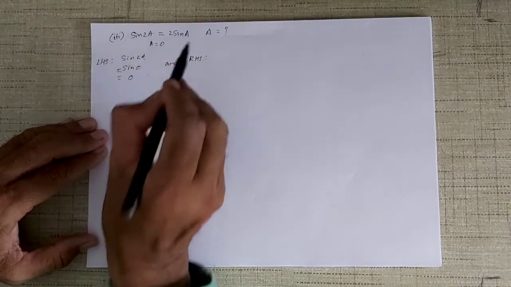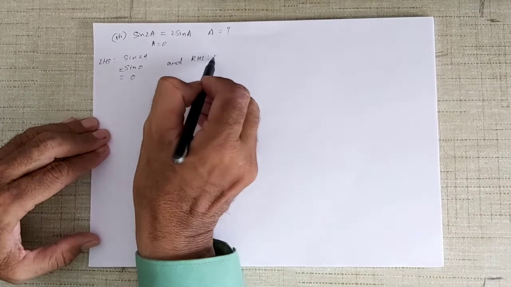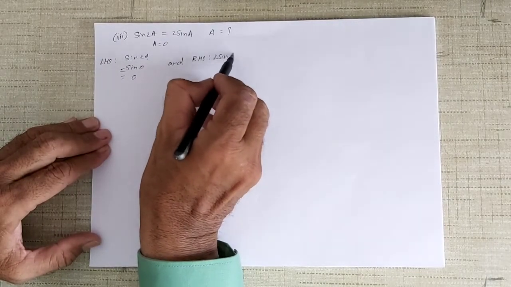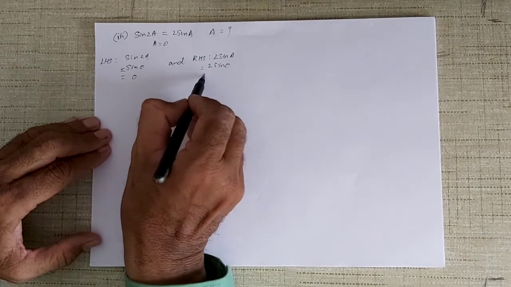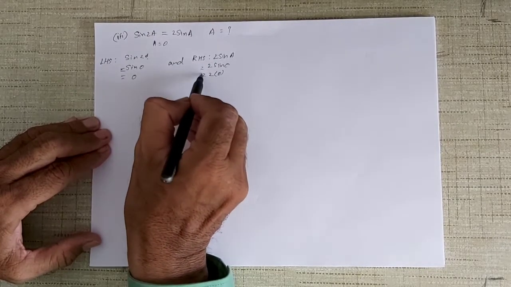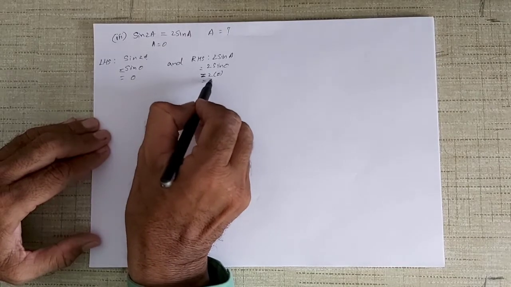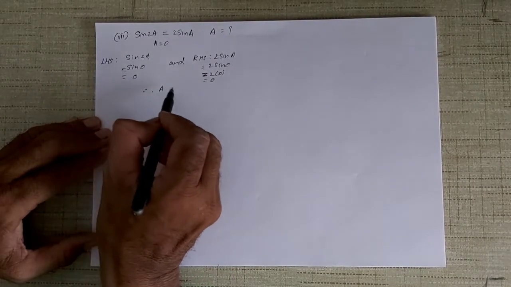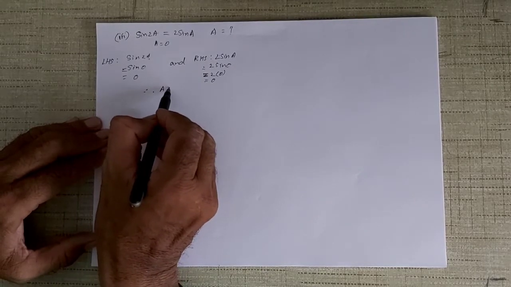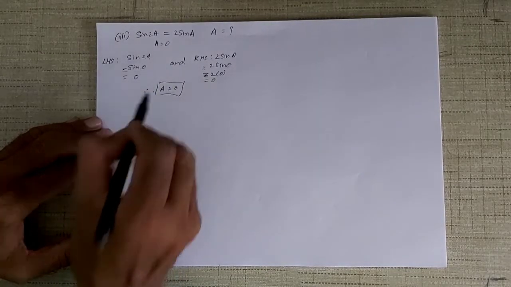Right hand side is 2 sine a. Again sine 0 is 0, so 2 into 0, and that is equal to 0. So therefore your option is A. And what is option A? A is equal to 0. That is your first option.